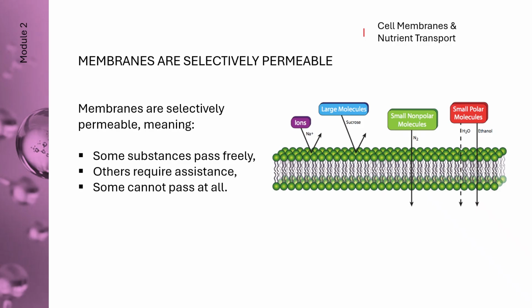So if you recall from the previous lecture, we established that membranes are selectively permeable, which means that, acting as barriers to the different molecules and substances crossing them, they allow some molecules or substances to pass while preventing others from passing.